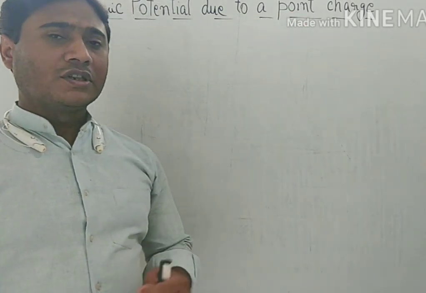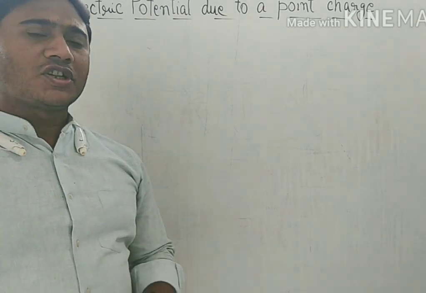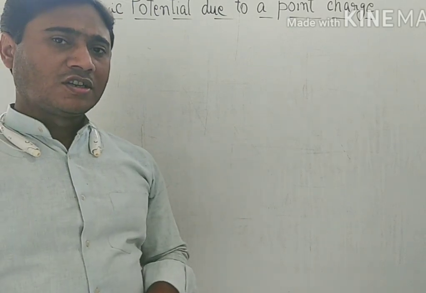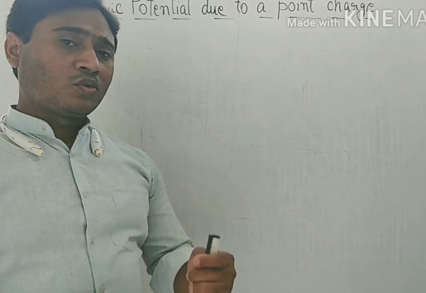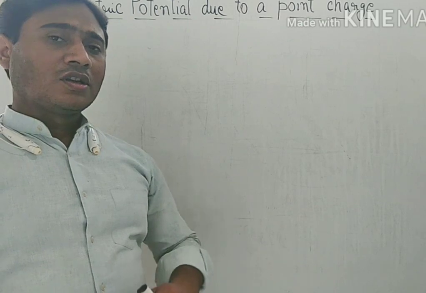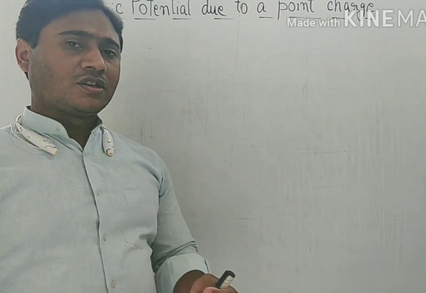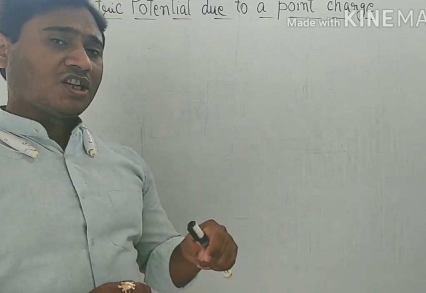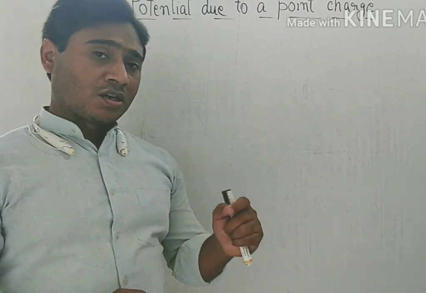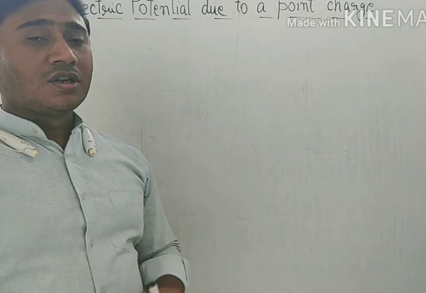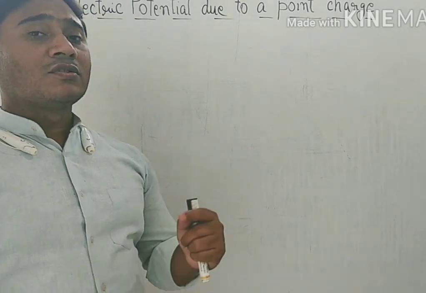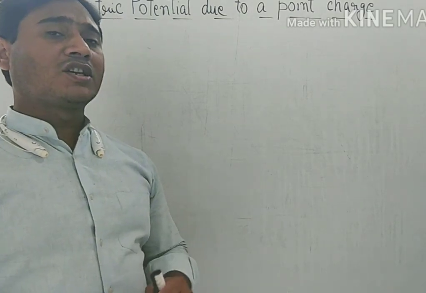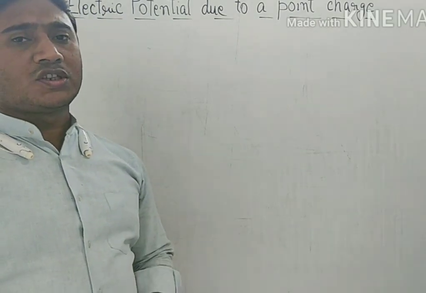As we have earlier defined, the electric potential at a point inside the electrostatic field is basically the amount of work done per unit test charge in bringing it from infinity to that particular point without any acceleration against the force of repulsion given by the source charge to it.